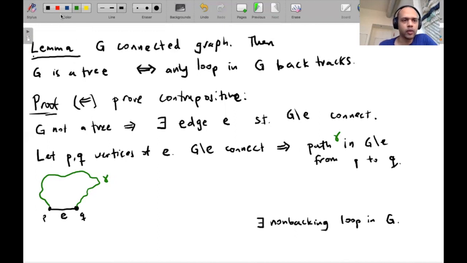And moreover, we can assume that it's non-backtracking. As a little exercise for you, if there's a path between two points, there's a non-backtracking one. You can simplify it to make it non-backtracking if it is backtracking. Okay, but now we're done.